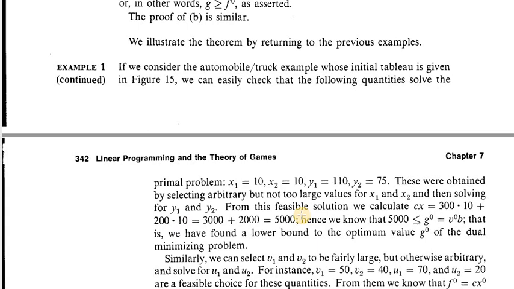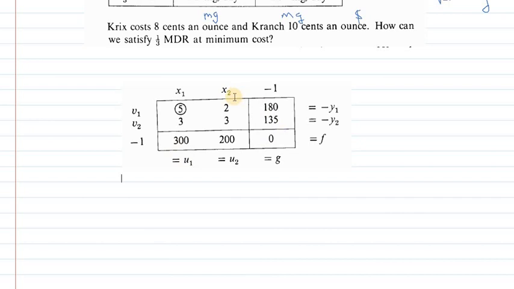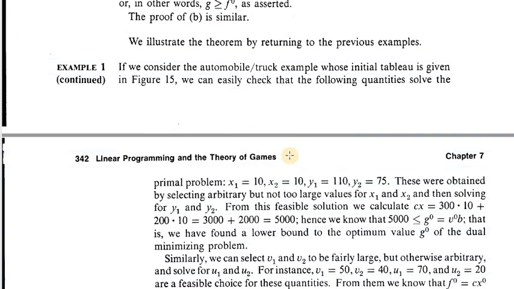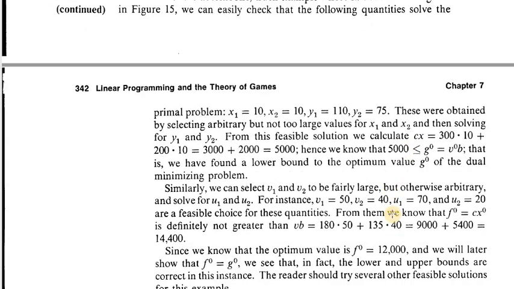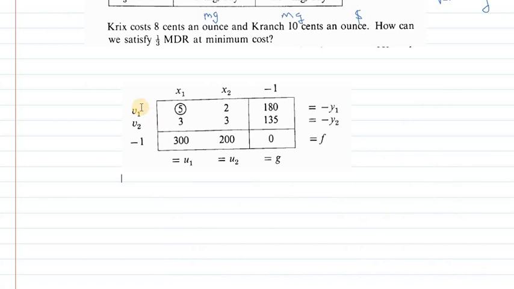Right? So that means right away we can tell that if we read this tableau as a minimization problem, the smallest possible minimum is going to be bigger than 5,000. All right? Now we could go the other way. We could select V1 and V2 to make sure that this result is positive. So we'd have to select V1 and V2 fairly large.